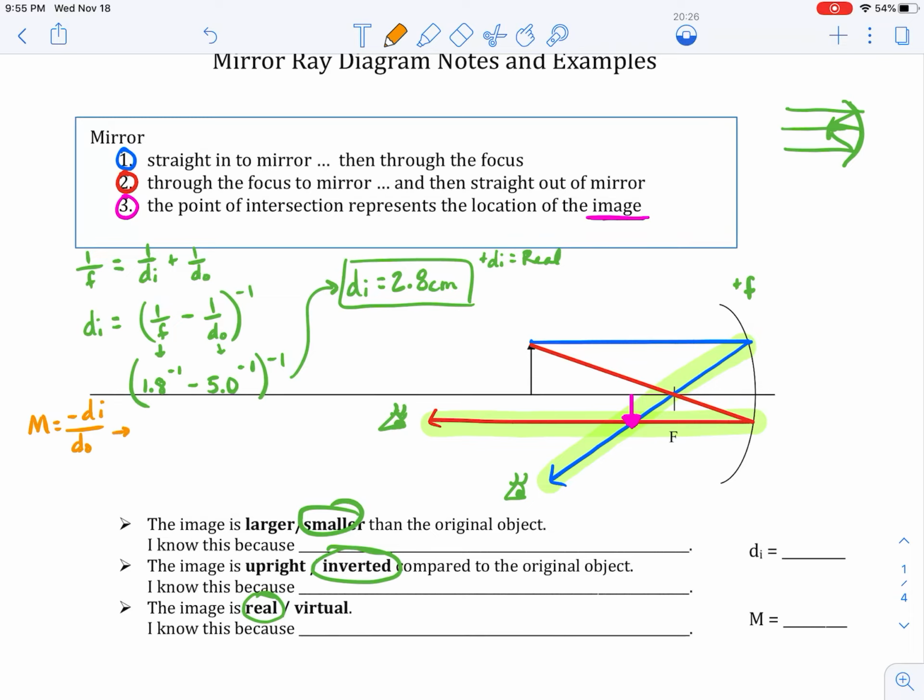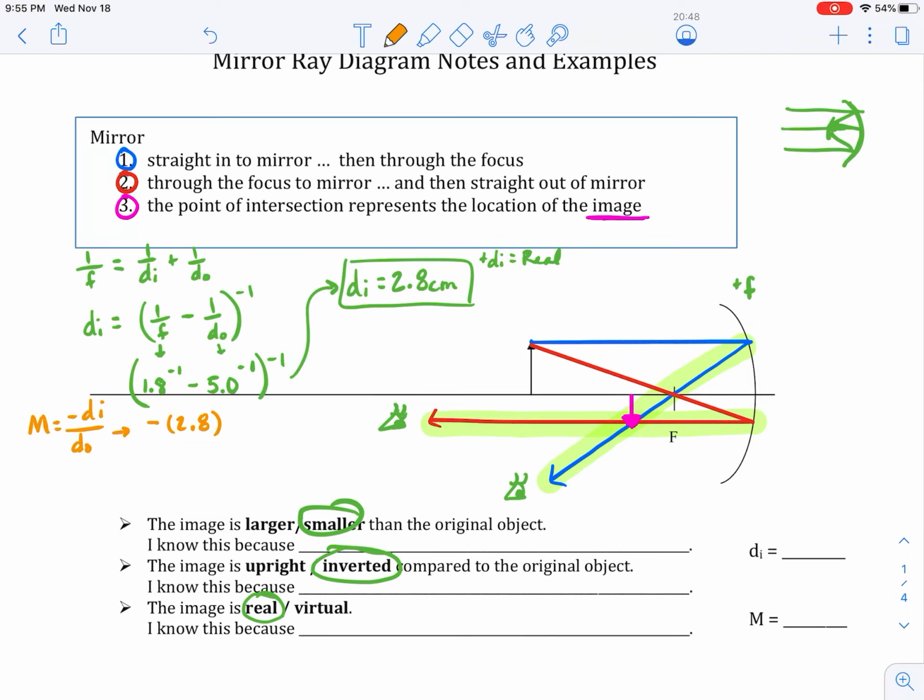So our formula for magnification is negative DI over DO. We're going to plug in the numbers that we already measured from earlier. We have a DI that we actually calculated, so we're going to do the negative of our calculation.